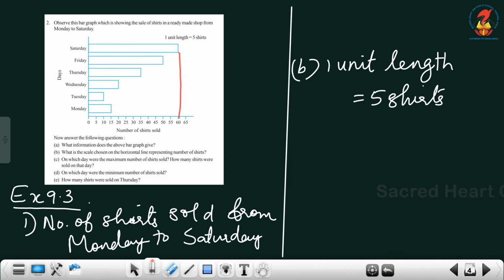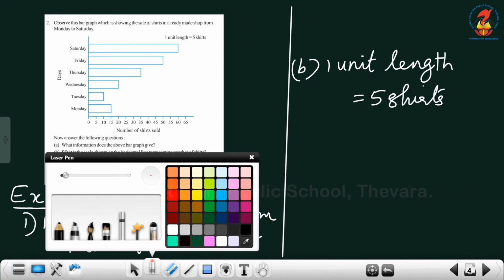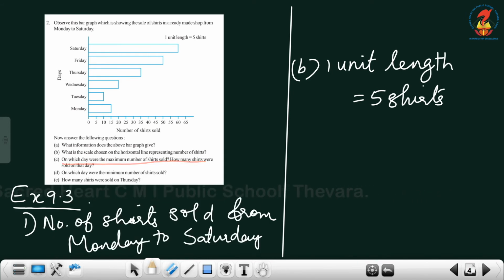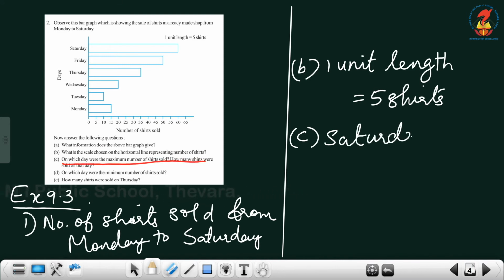So, which is maximum here? 60 is the maximum which is on Saturday. So, on which day were the maximum number of shirts sold? It is Saturday. How many shirts sold on that day? 60 shirts.